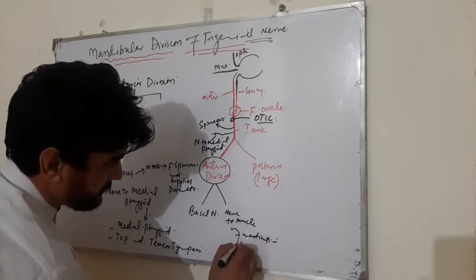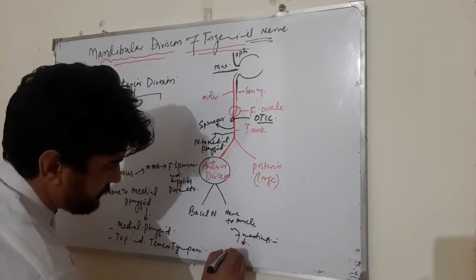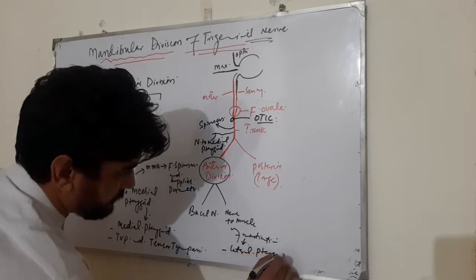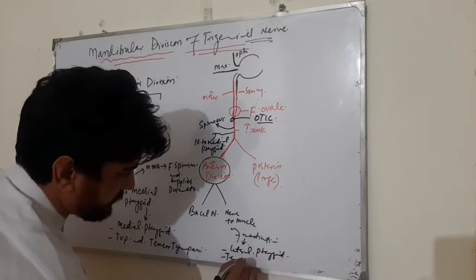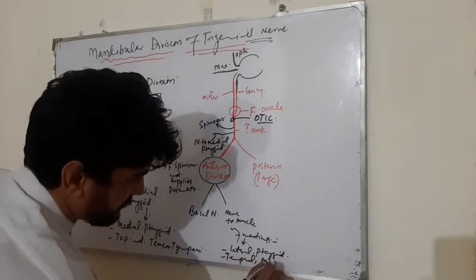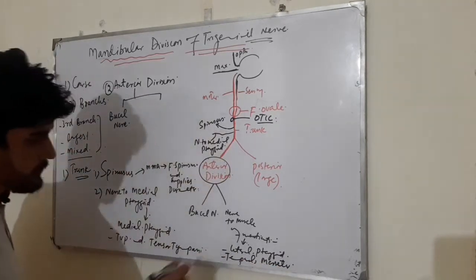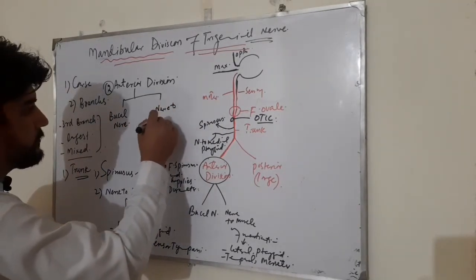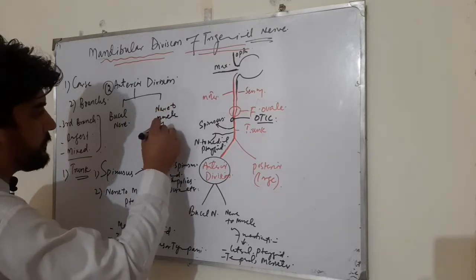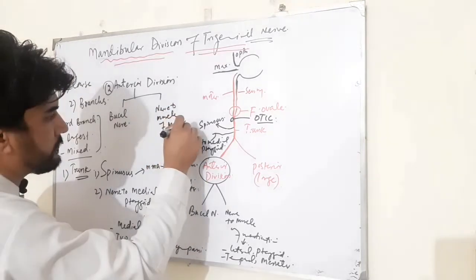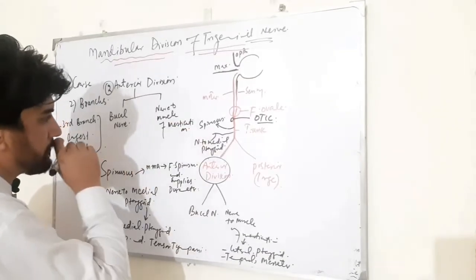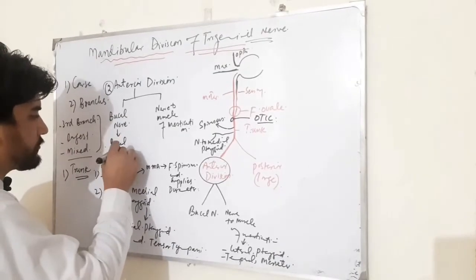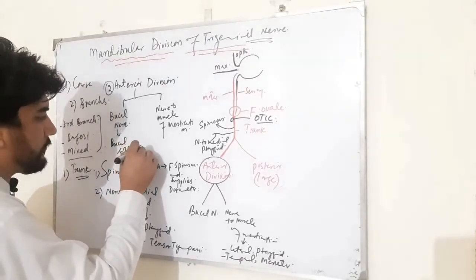The muscles of mastication encountered are the lateral pterygoid, temporalis and masseter. The buccal nerve supplies the buccal soft tissues of the molar area.